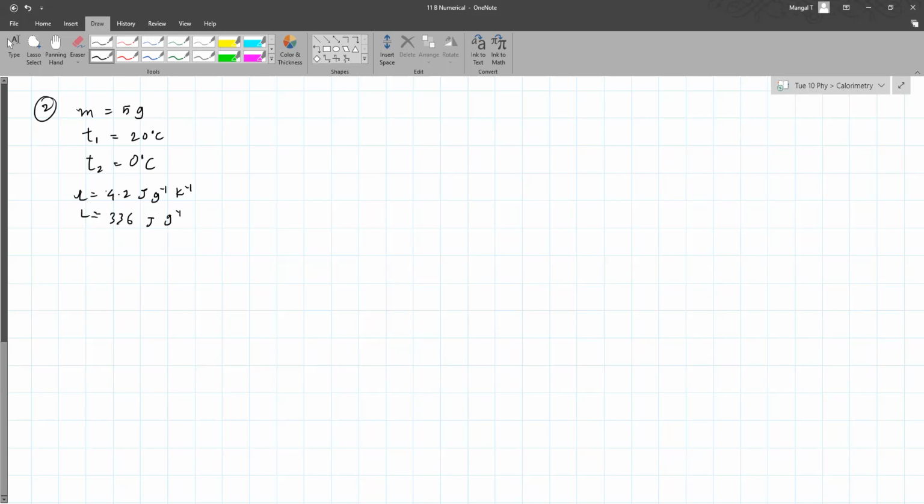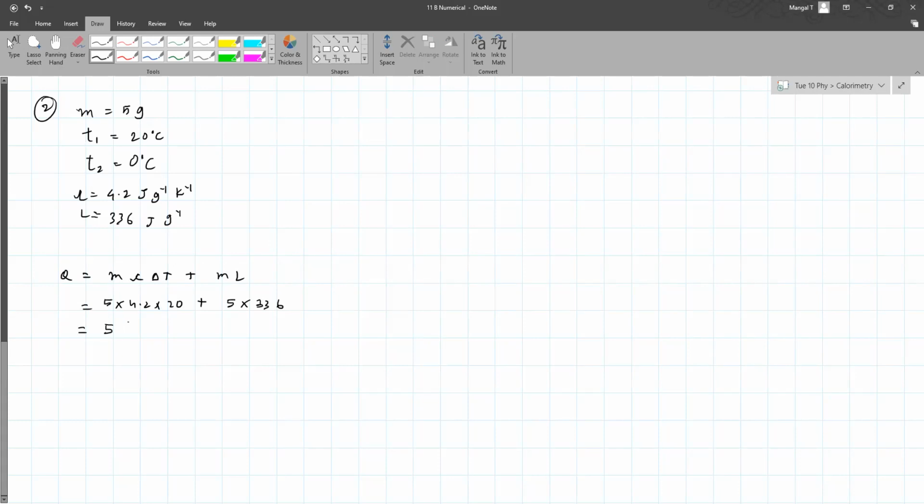So this also is now clear that 20-degree water first has to become 0-degree water, that is mc delta t. Yes, sir. And then water has to freeze, so that is m into L. So that is 5 into 4.2 into 20, and this is 5 into 336.